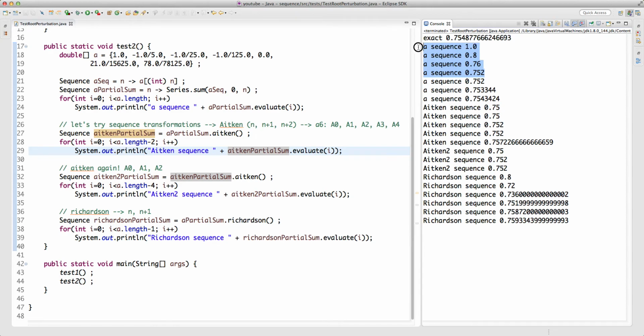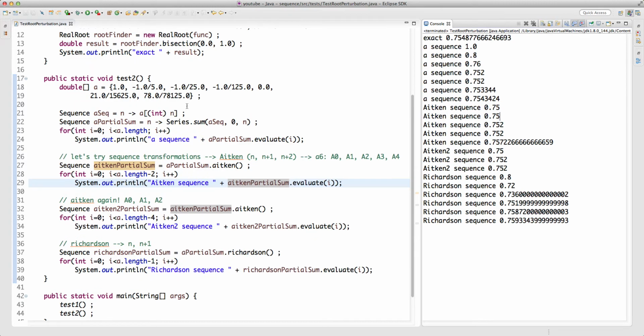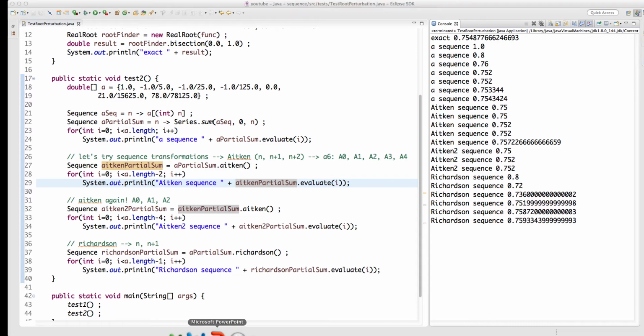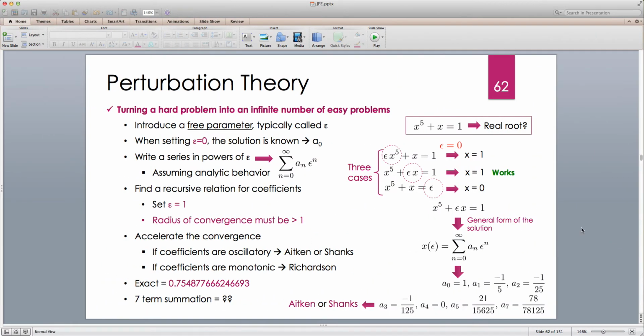And if I just use 4 terms of the sequence, I still end up with 0.75. Okay. So this shows that we can in fact use perturbation theory and combine it with the power of sequence transformation to be able to accelerate the result of the perturbation theory.